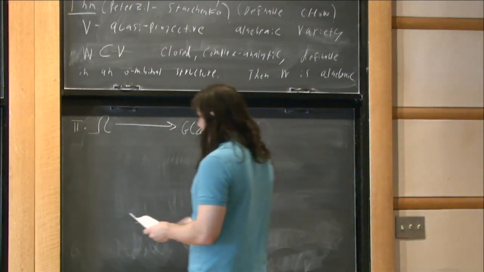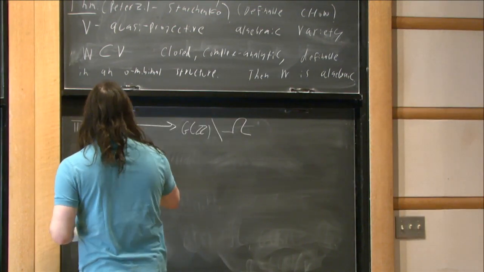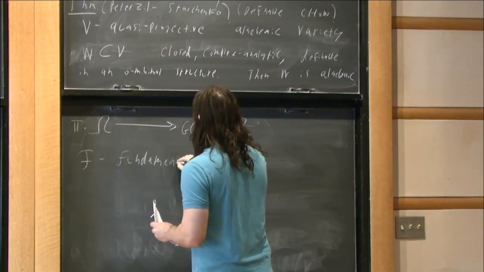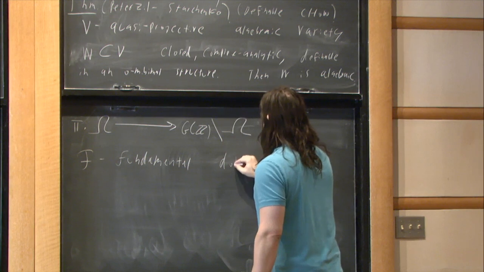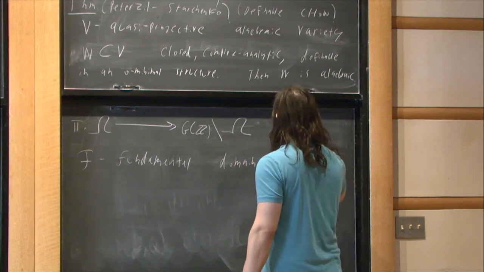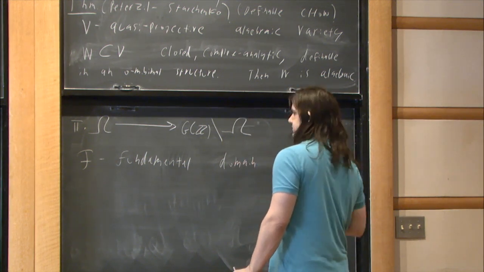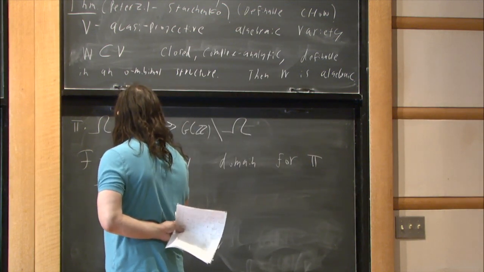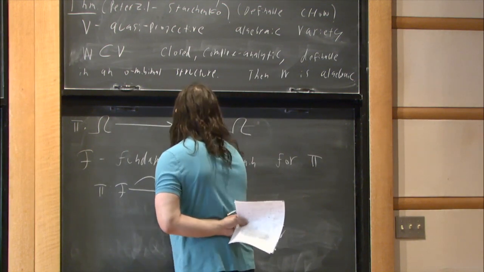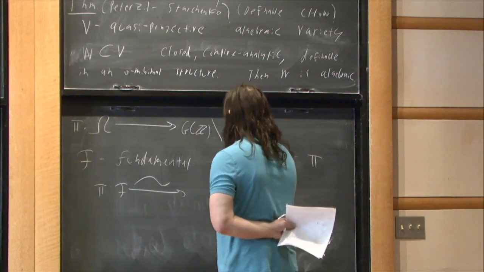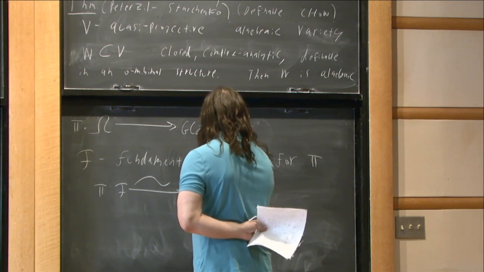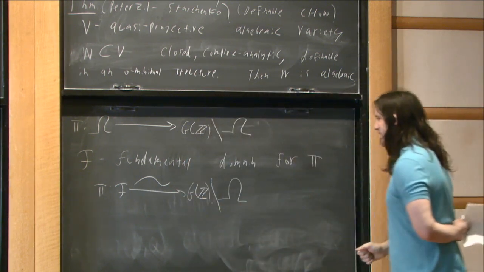So what we do is we take F to be a fundamental domain for π. And then we have an isomorphism. You need that to be definable in the fundamental domain? We don't need anything at the moment. Well, sorry, I guess you do. You're right.